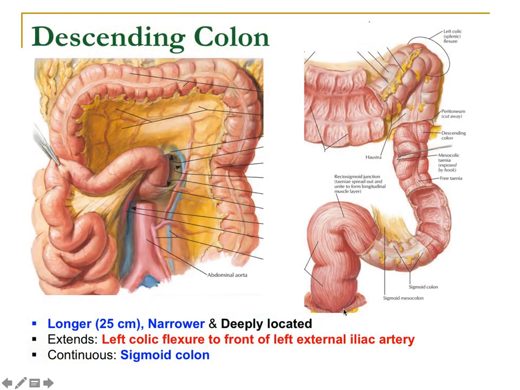Now we have completed the ascending colon and transverse colon, so let's move on to the descending colon. The descending colon is another long structure, 25 centimeter long, and it starts from the splenic flexure and moves downward.